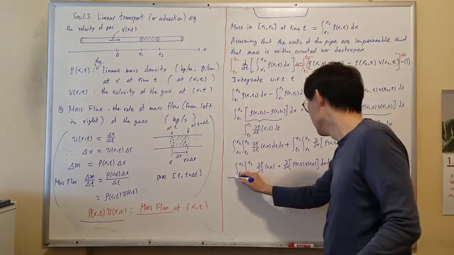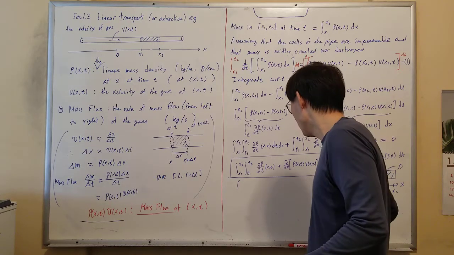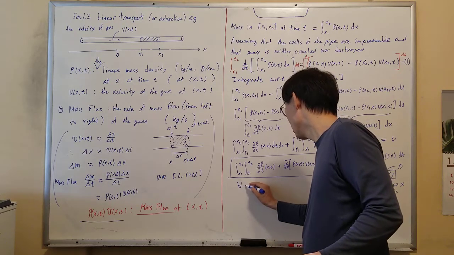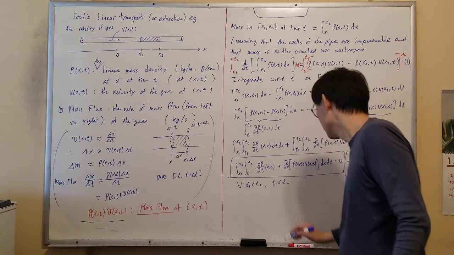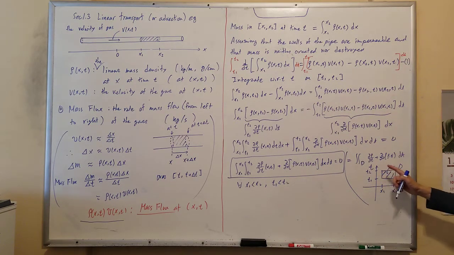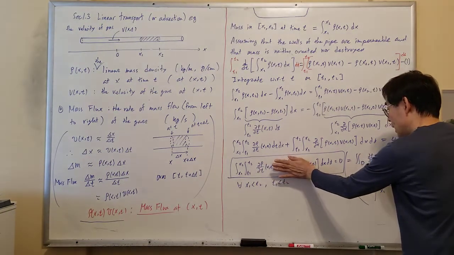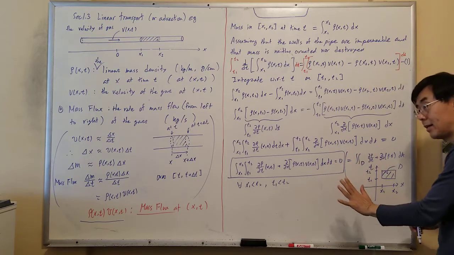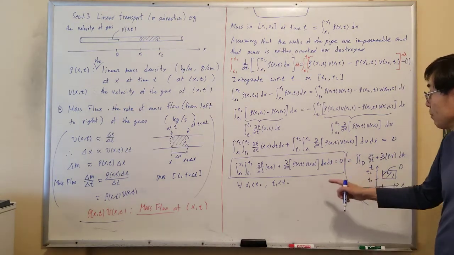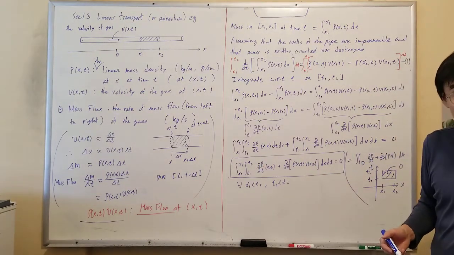Now, this is true for all x1 and x2 and t1 and t2. So in this case, for every rectangular region in xt, the double integral of some function is 0 anywhere. That can happen only when the inside function is identically 0.